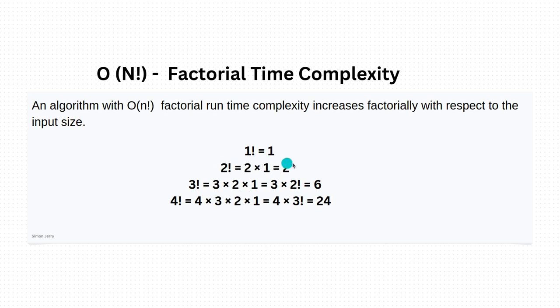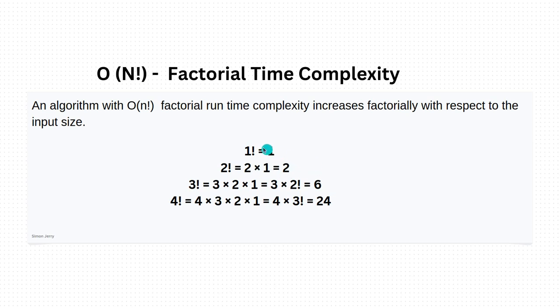For example, 1 factorial is 1. 2 factorial is 2 multiplied by 1, which gives us 2 in total. 3 factorial is 3 multiplied by 2 multiplied by 1. And 4 factorial is 4 multiplied by 3 multiplied by 2 multiplied by 1. So it goes in that fashion. This is what we call number factorial.